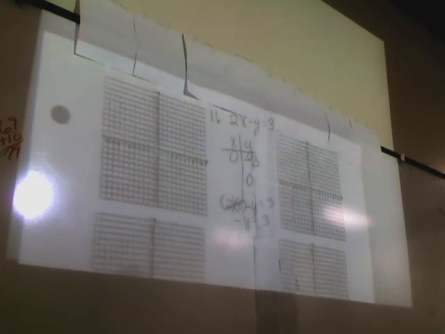2 times 0, so if we replaced x with 0, minus y equals 3. This goes away, we have negative y equals 3. Okay, we'll divide by negative 1. See how that gives us a negative 3 there. Okay, if we want to replace the y with 0, we'll have 2x minus y equals 3.